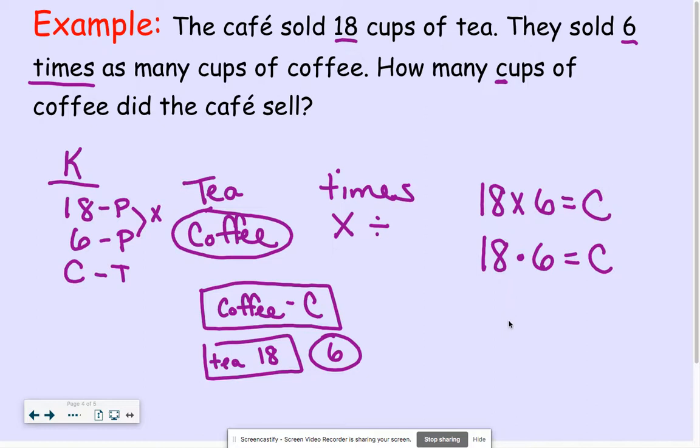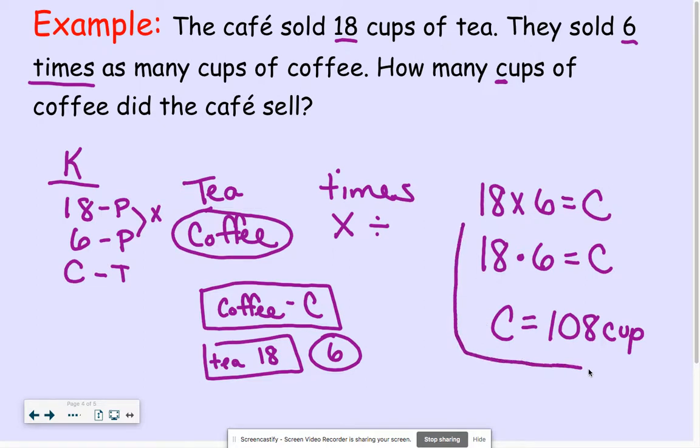Now we can multiply those, and 18 times 6 will give us our answer of how many cups of coffee they sold, which is 108 cups when we do the math. And that would be your answer.